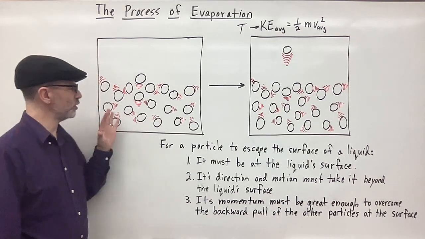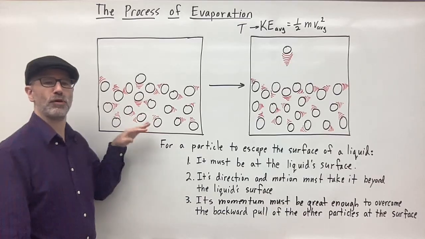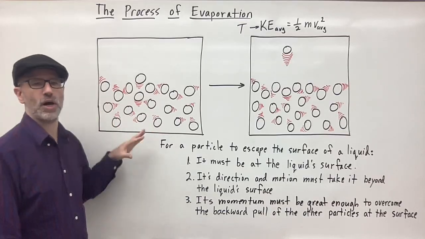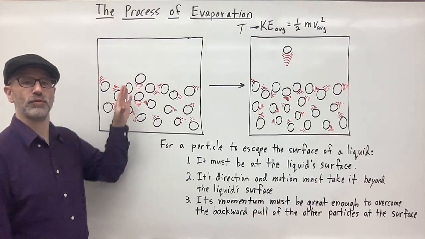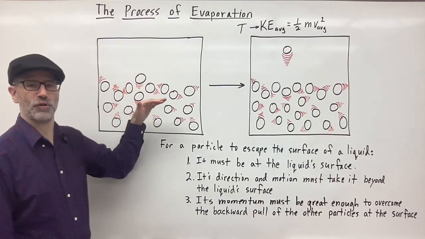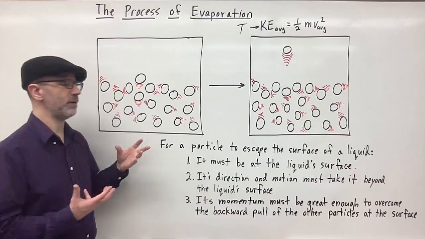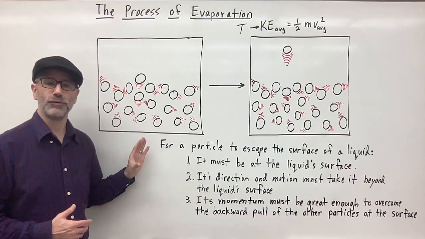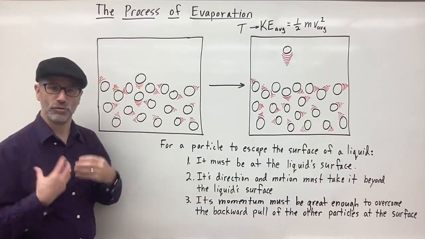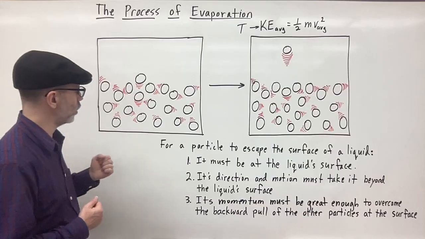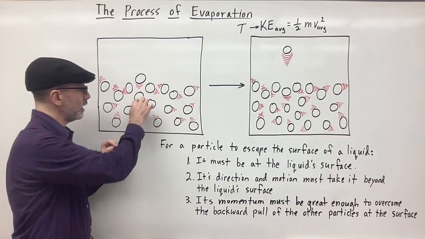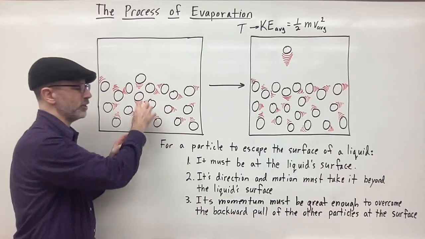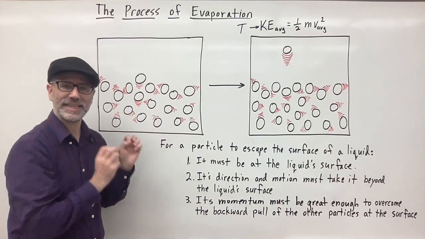And again, as you're jostling around, as you're moving around, you are able to move from one side of the container to the other. You can move to the bottom, you can move to the top near the surface. But the whole time you have intermolecular forces acting on you as a particle, right? So here, this particle is interacting with the particles around it, so they are attracting each other.